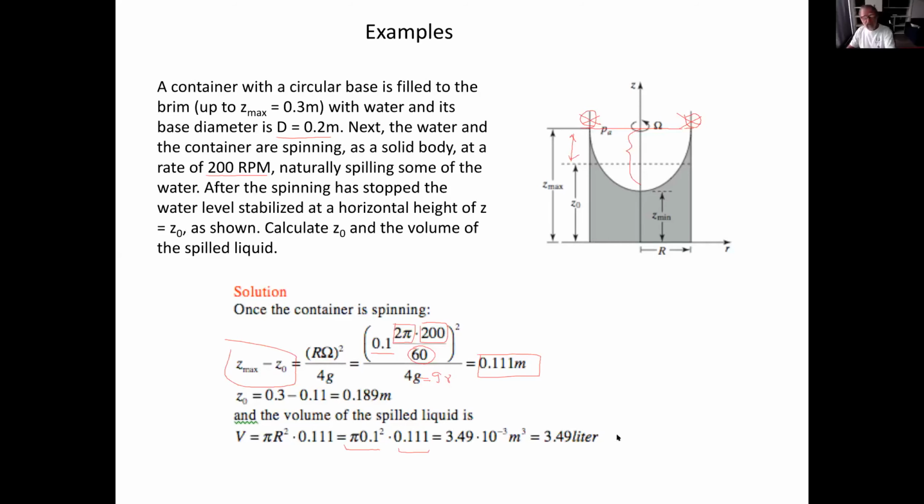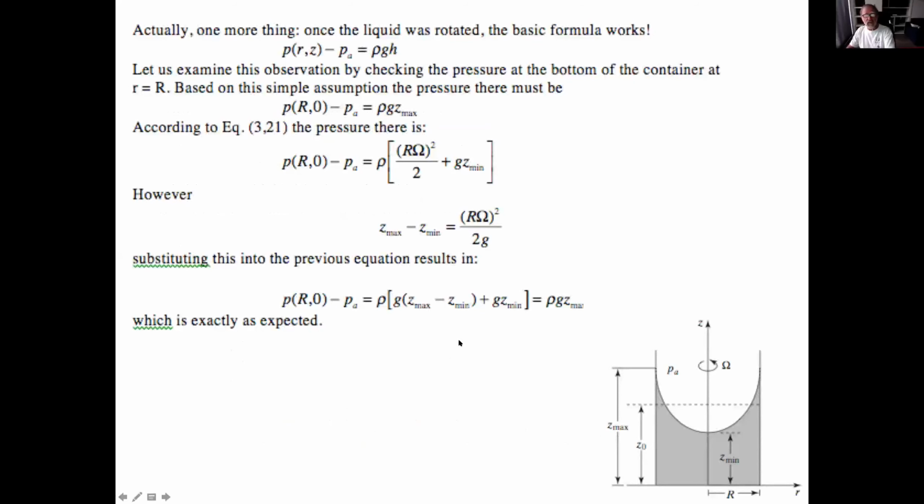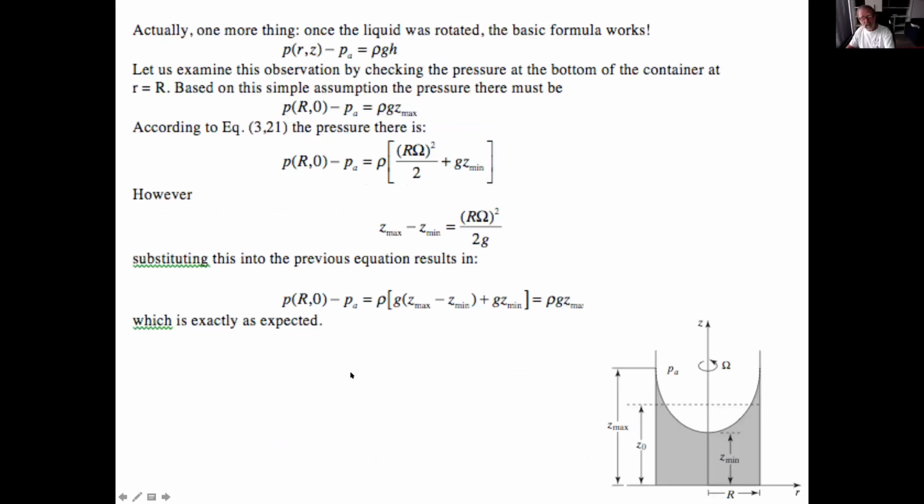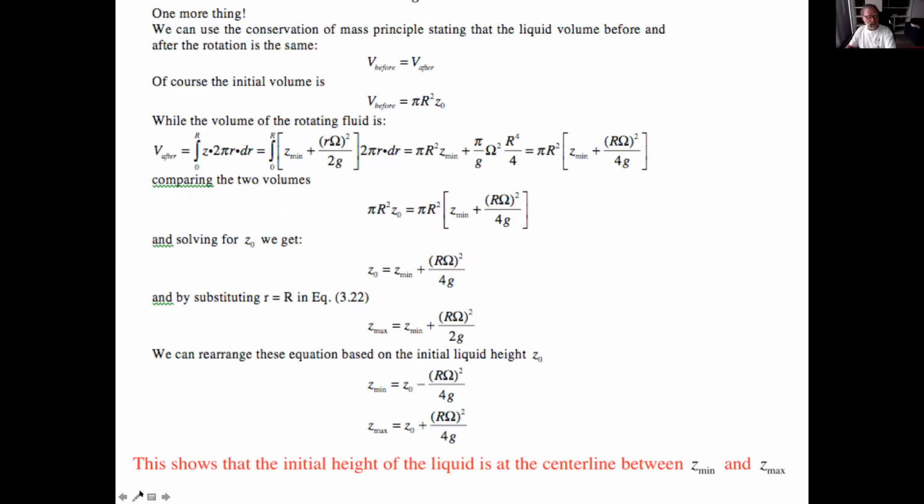Let me just go back. So one more time, you need to know the equation. You need to know these two quantities. I touched the mouse, it's going to jump. You need to know this. And then you need to know the pressure, which is the previous one.